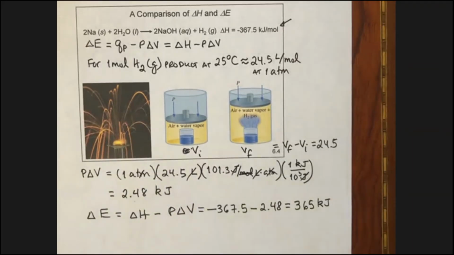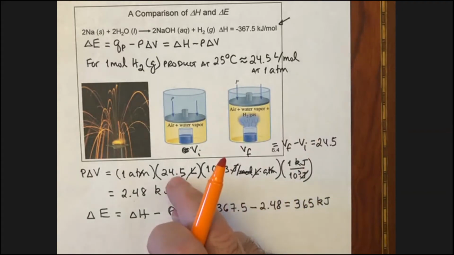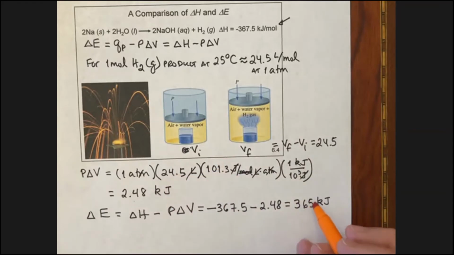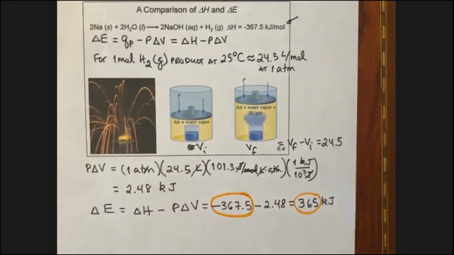So you look at this and you realize, okay, this is a chemical reaction that released 1 mole of hydrogen. It occupied 24.5 liters of space. That's how much it expanded. And in the process, the total energy was only different from the enthalpy by a couple of kilojoules.